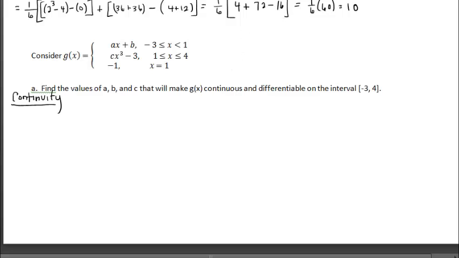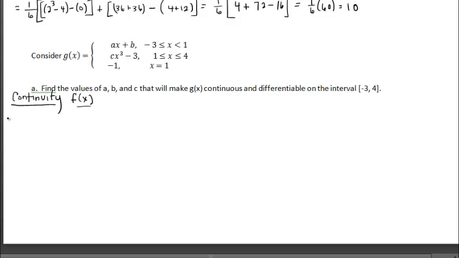So the first thing we're going to check is continuity. Remember, what we do for continuity is we just plug in the x value of the break, which is x equals 1, into each of the pieces and see if we get the same value. So continuity deals with the function itself, the actual pieces.